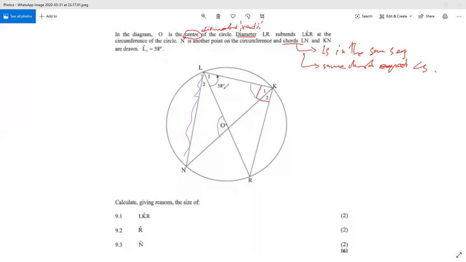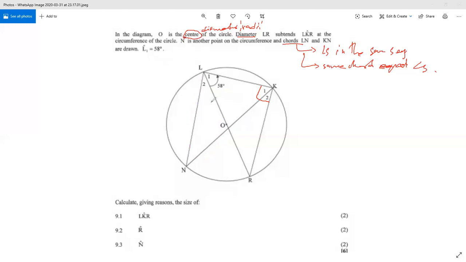Well, sure, you can say it subtends that angle here. Maybe let me just take a different color as well. Maybe you can say that one subtends this one here. But well, they are not equal. So what are we going to do about this? For me, that's not enough, really the best information that I would put into use, okay?